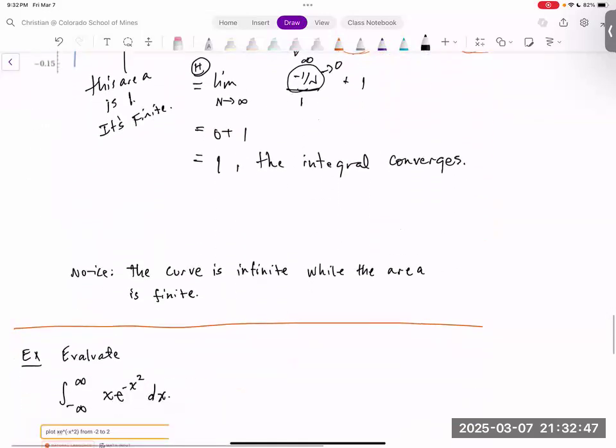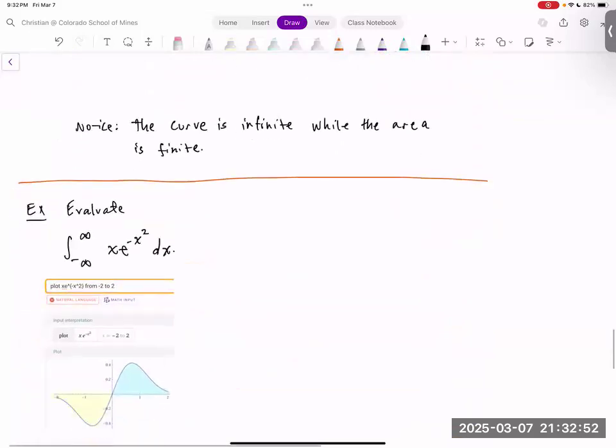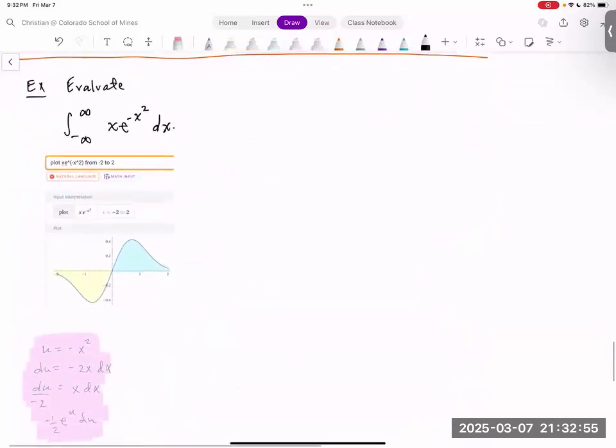The last one, okay, so I mentioned there the curve is infinite while the area is finite. This improper integral doesn't have 1 to infinity, but both bounds are infinite bounds. And the area that this integral represents is here in yellow and blue. That's the curve that we're talking about, and the area we're talking about. I just made one yellow and one blue to differentiate between the two. But to handle this integral, we need to split it up.